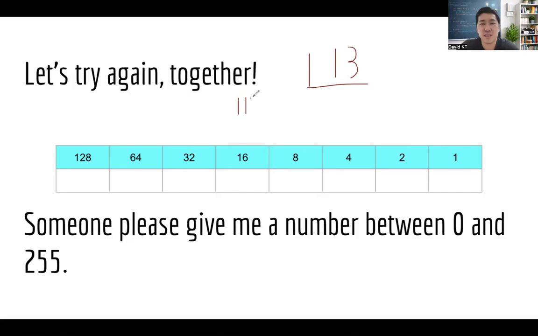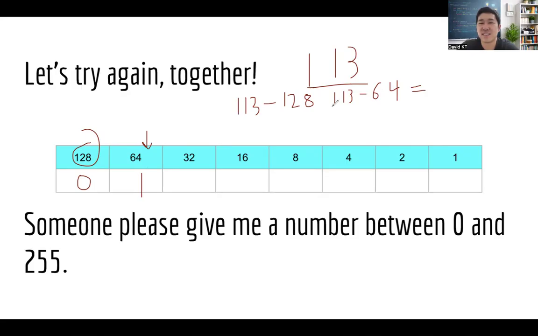So 113 minus, what's the first one here? 128. That goes into the negatives. So 0. How about 113 minus the next one? 64. That works. So that gives you 1.